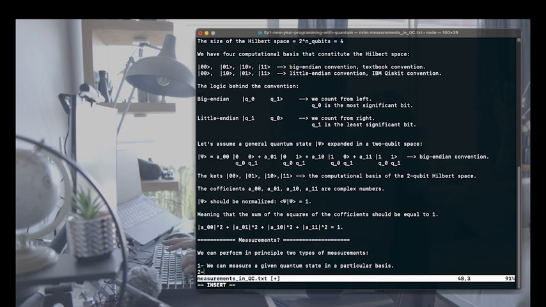And secondly, we can also measure the state of a particular qubit in a multi-qubit system, of course in a given computational or particular basis.